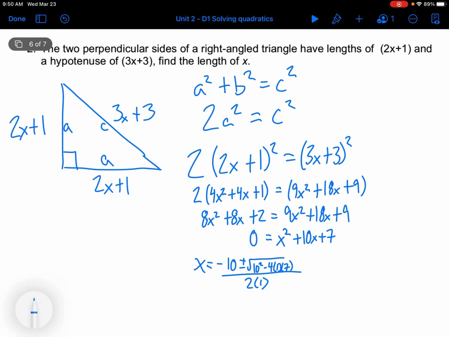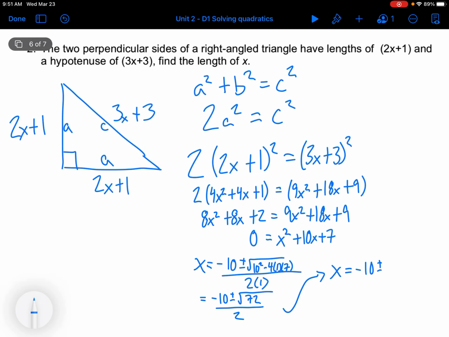And then we're going to end up with negative 10 plus or minus the square root of 100 minus 28, so the square root of 72, all divided by 2.